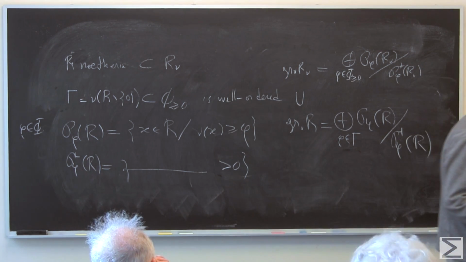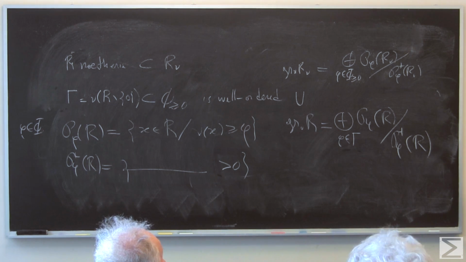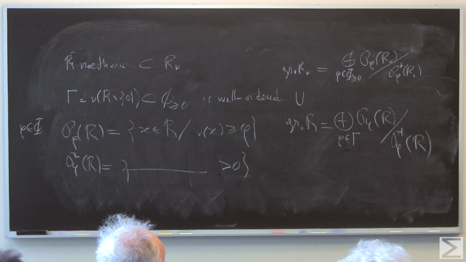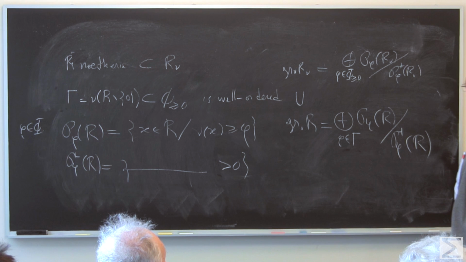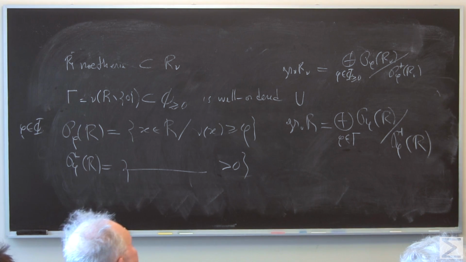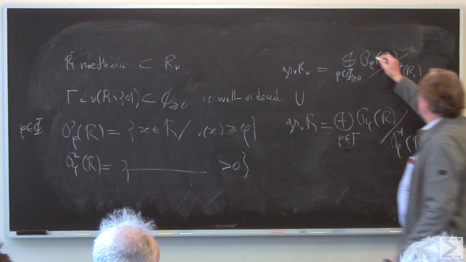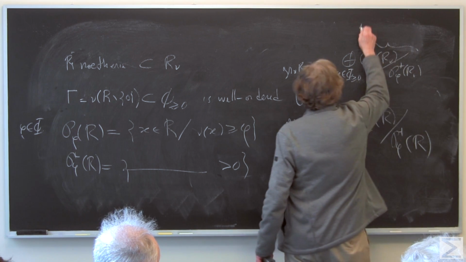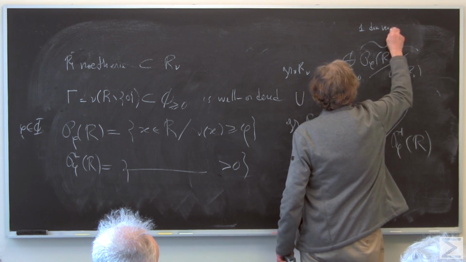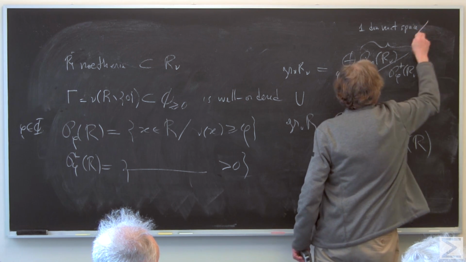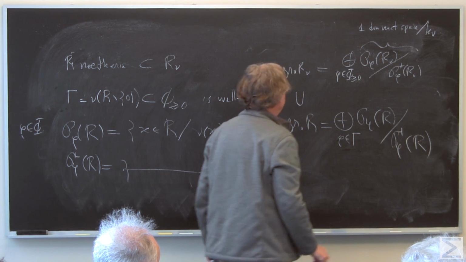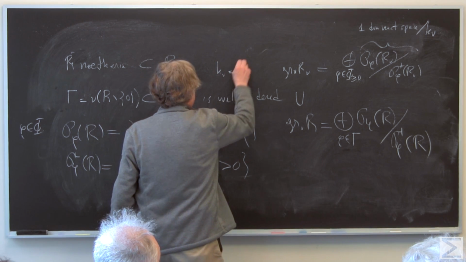There was a picture in the New Yorker of a guy giving a talk in physics, and he says, and now a miracle happens. Well, let me tell you, it's a kind of miracle, actually. What is the miracle is that this algebra has the property that every homogeneous component here is a one-dimensional vector space over K nu. K nu is the residue field of R nu.